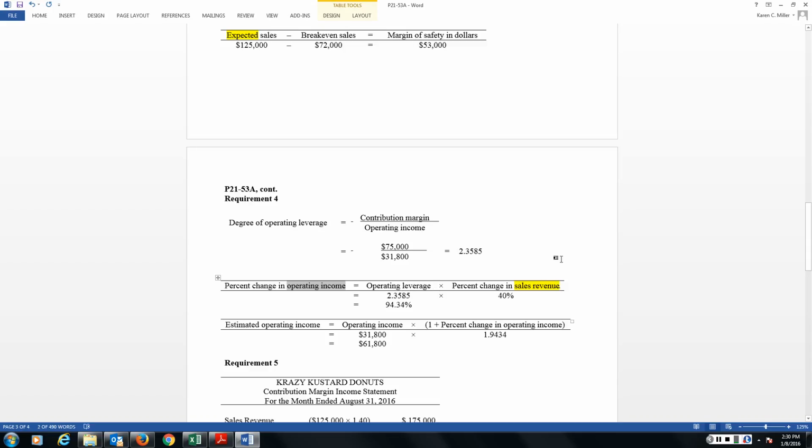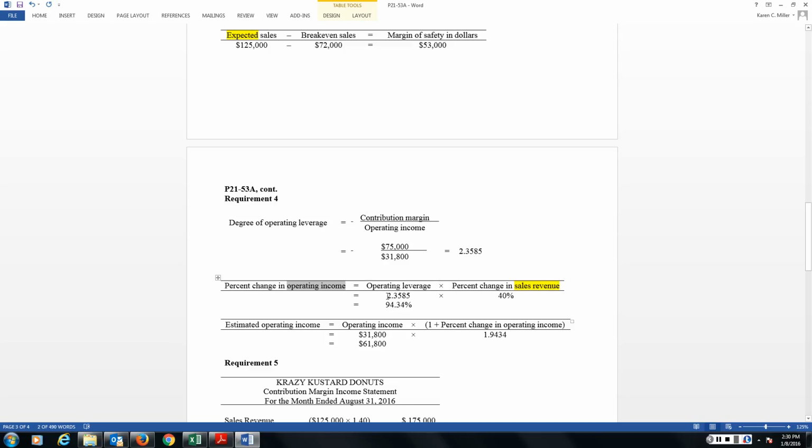Based on the calculations that we have so far, 2.3585 times 40% shows us that our operating income would increase by 94% if sales increased by 40%. We can use that to calculate what our operating income would be. If it's 31.8 at this point, and we increase that by 94%, it would generate operating income for us of $61,800.